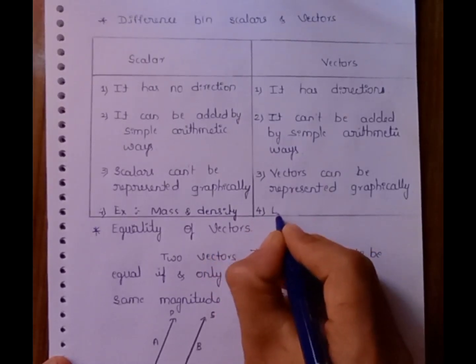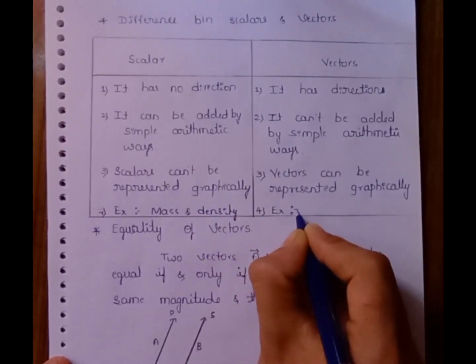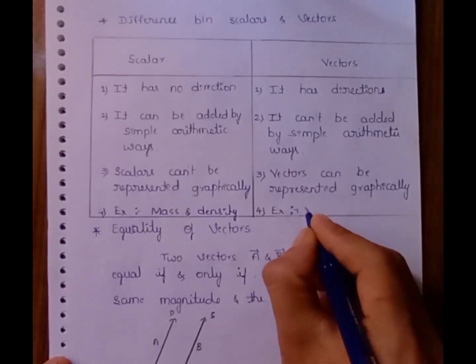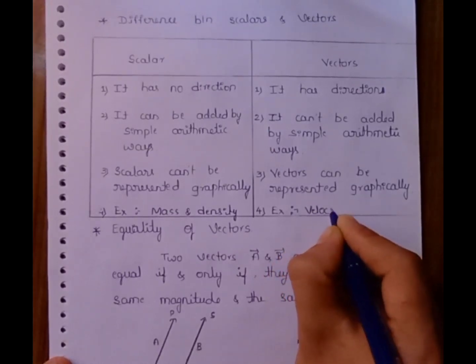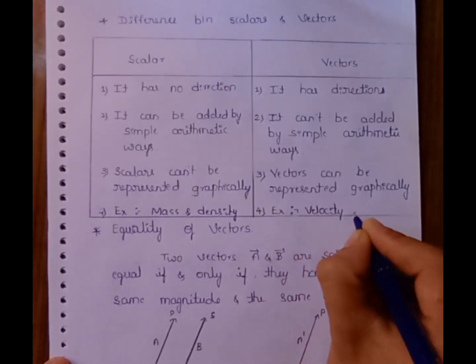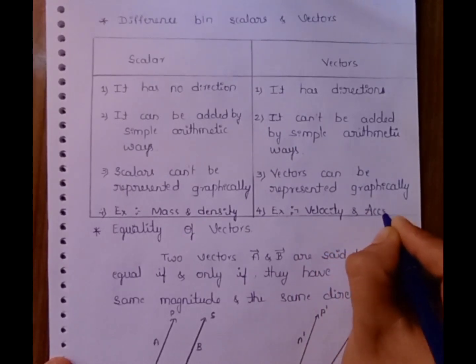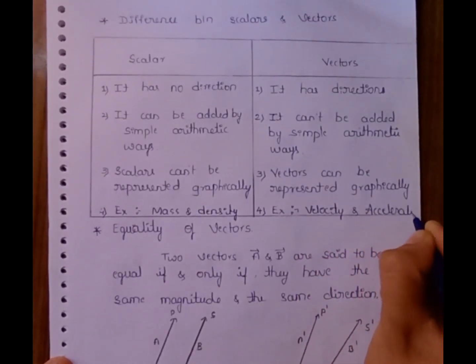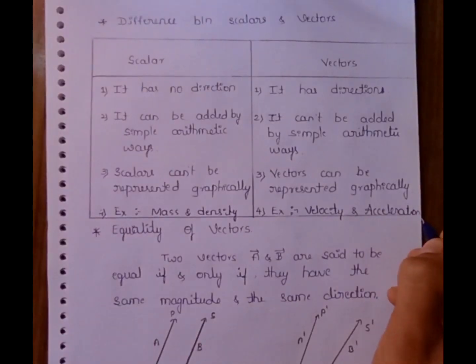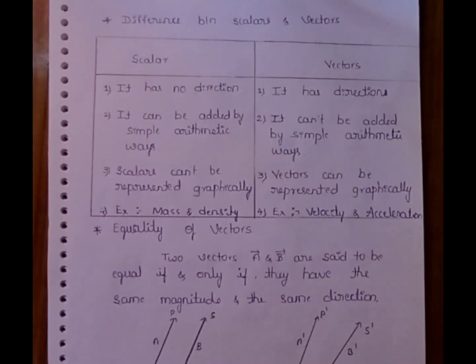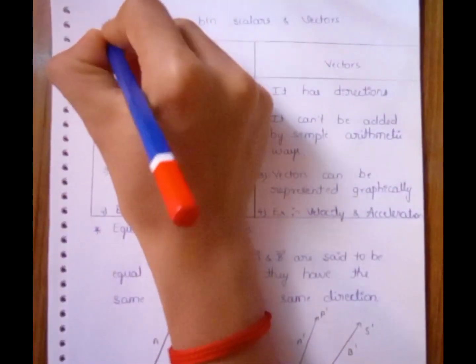For vectors, examples which have both magnitude and direction: velocity, we can take it as a vector quantity, and acceleration, we can take it as a vector quantity. And this difference is very important for 2 marks.